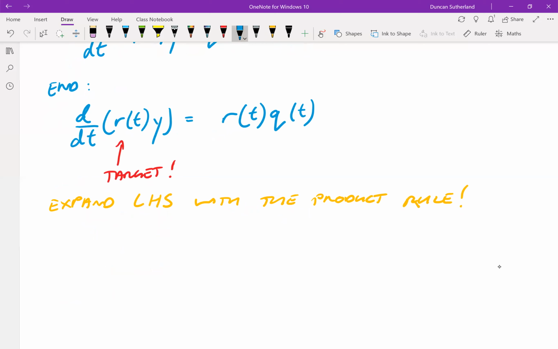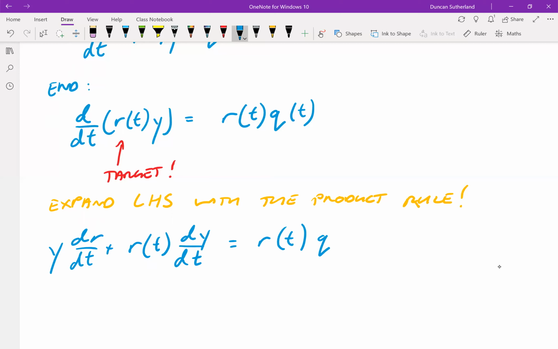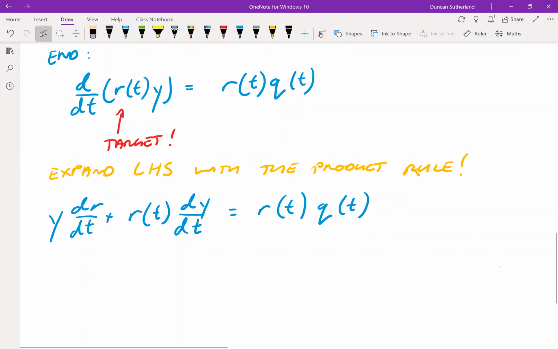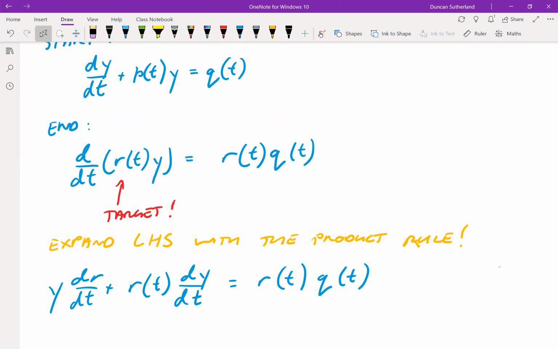So we differentiate the first one, leave the second one alone. Differentiate the second one, leave the first one alone.